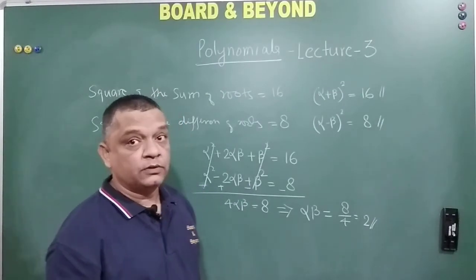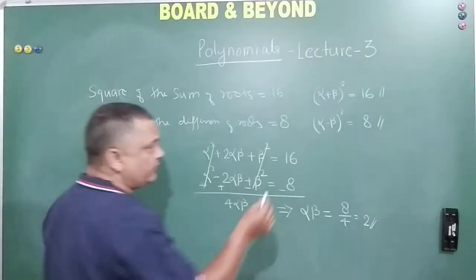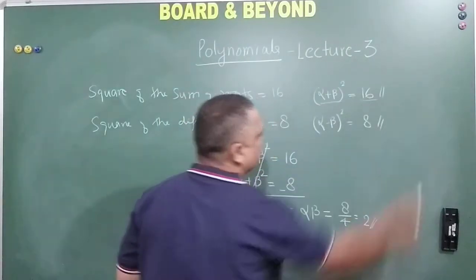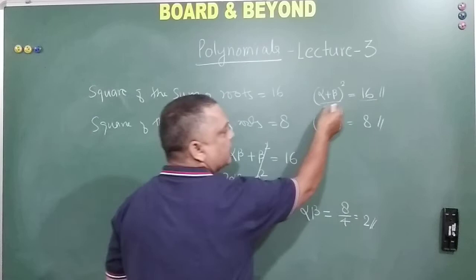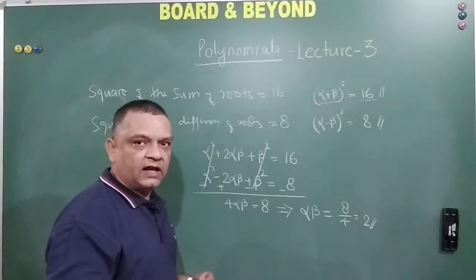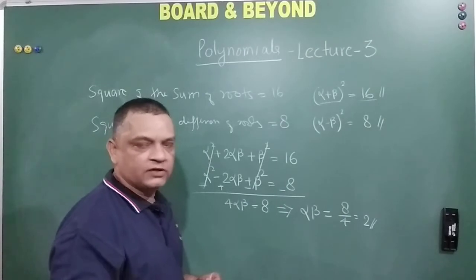I need to find out the sum of the roots. Alpha plus beta whole square is equal to 16. So what does it say? Alpha plus beta is either equal to plus or minus 4.